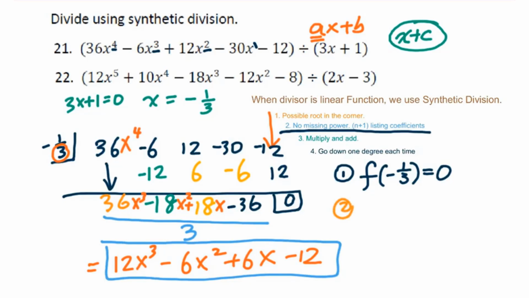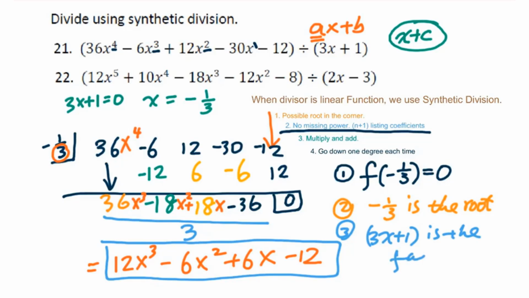Then second, -1/3 is the root of this polynomial. Then third, 3x + 1 is a factor of this polynomial.